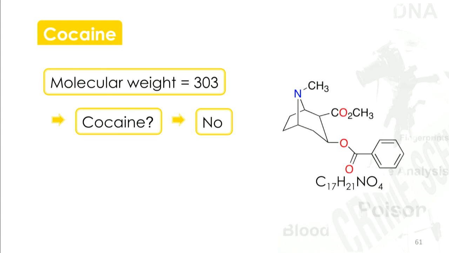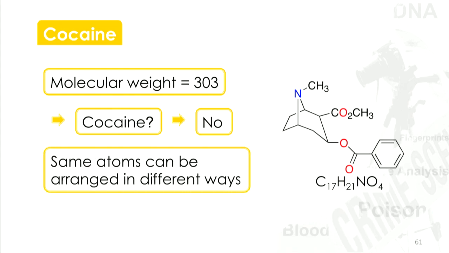And the reason is that if you have this many atoms, there are many, many possible ways you can arrange those atoms to make your molecule. These different possible arrangements of the same atoms, the same C17H21NO4, are called isomers.